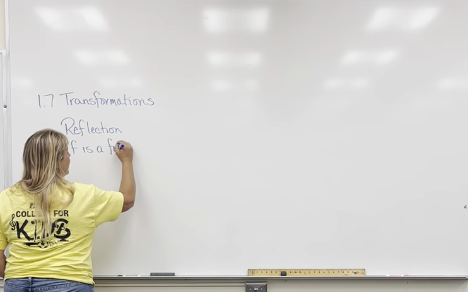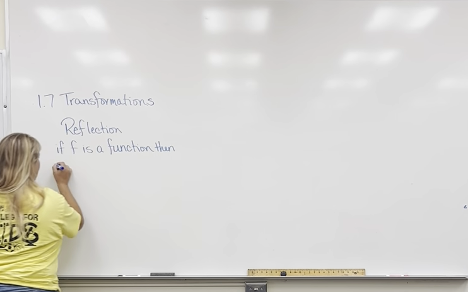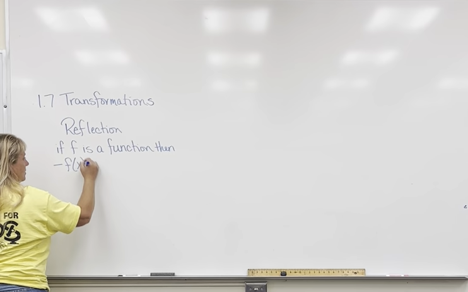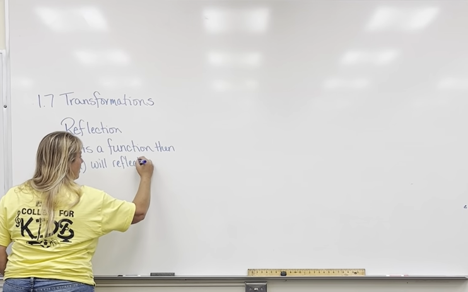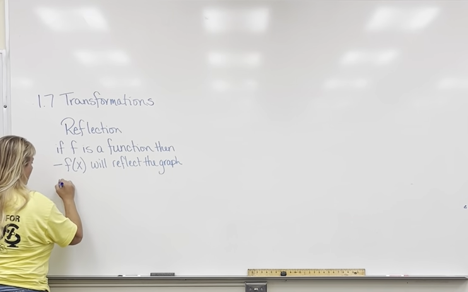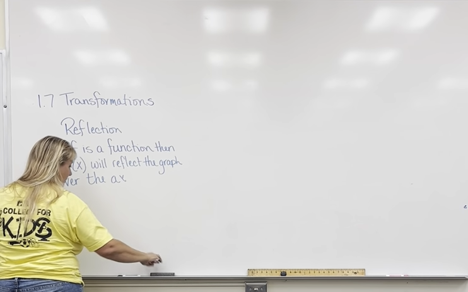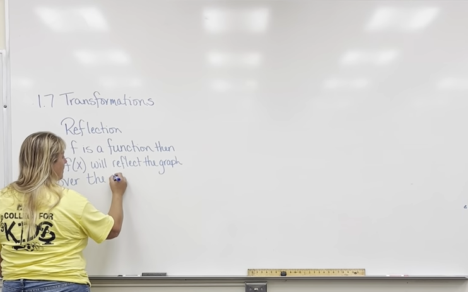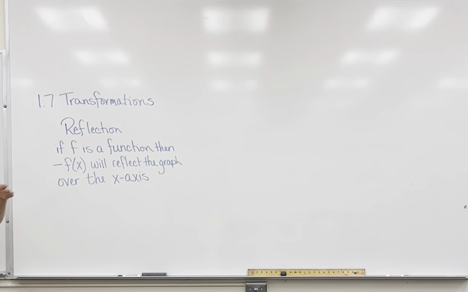If f is a function, then negative f of x will reflect the graph over the x-axis. So by sticking a negative out in front of your function, that's going to take your graph and flip it over the x-axis.